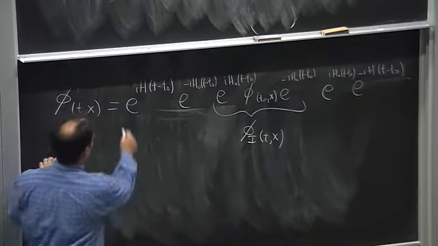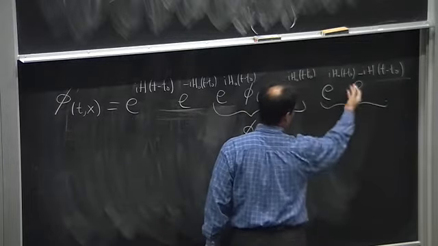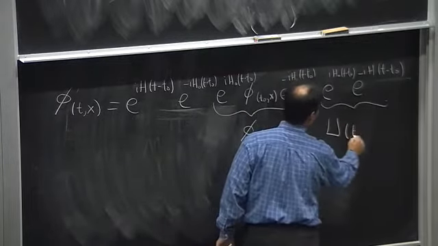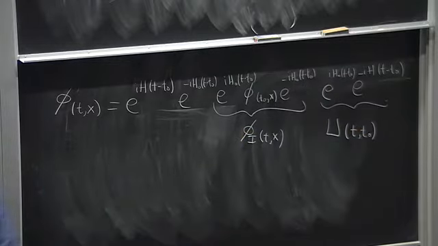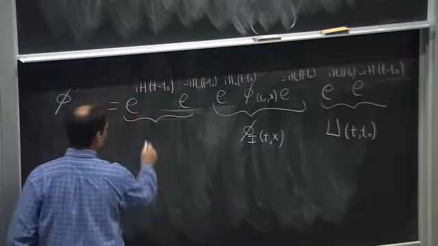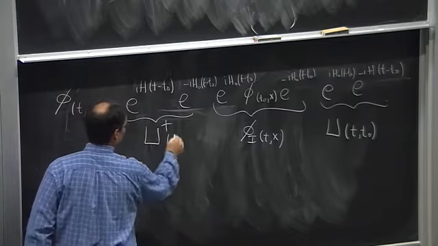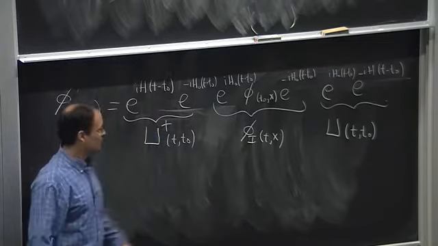And still, this thing that is here is a unitary operator, which I can call U(t, t0), which is unknown. We don't know what it is. But at least we get a very elegant looking formula in terms of things that we don't know. Because this is the dagger of that operator.